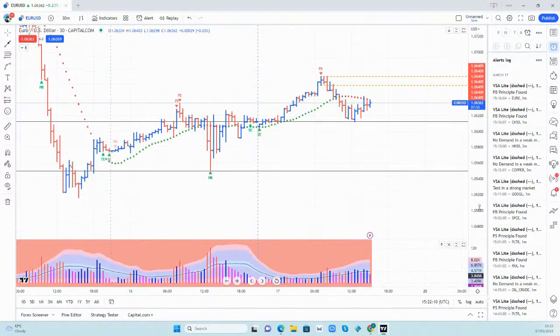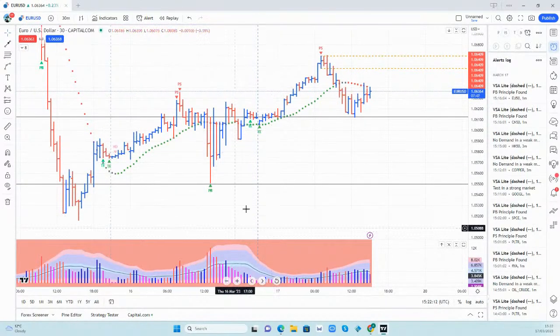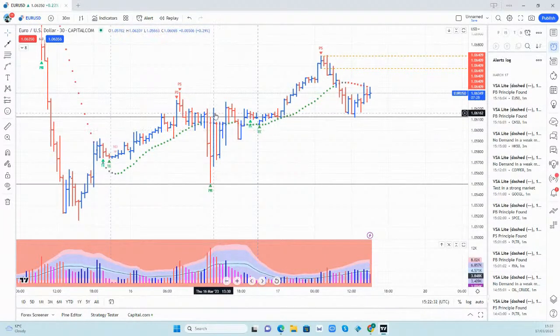Now, we're quite lucky to have on the VSA Lite the trigger lines appear automatically. So when a potential professional buying appears with a very decent volume, very high volume, the next thing you need to wait for is a change of behavior. So we were in almost like a gray and red area, and then eventually it changed behavior.